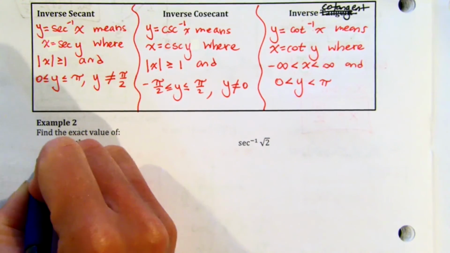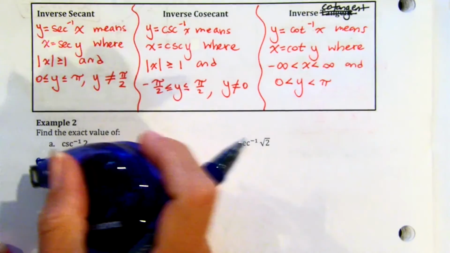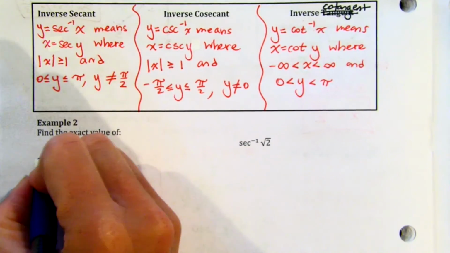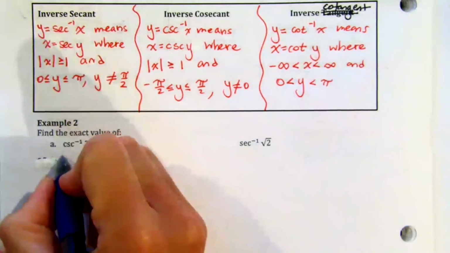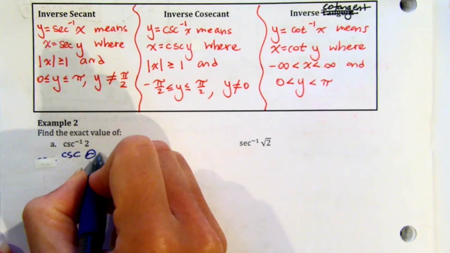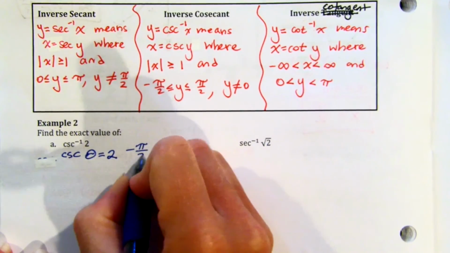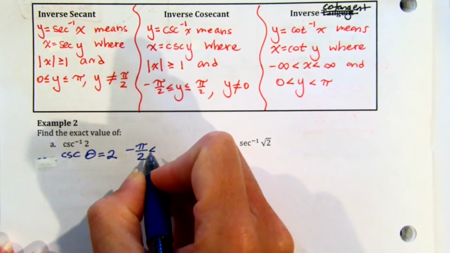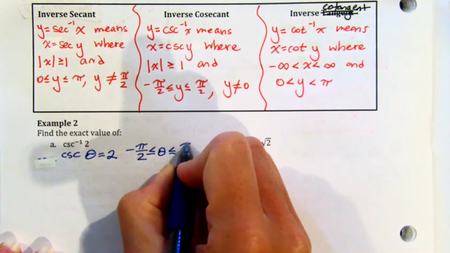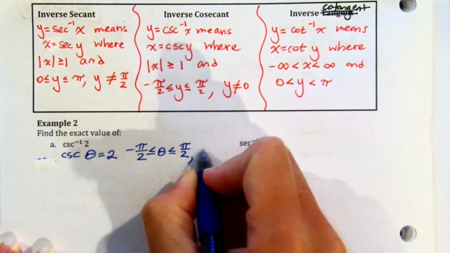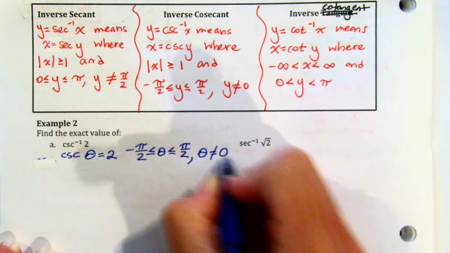So, first off, we want the cosecant of theta to be equal to 2, on this interval from -pi over 2 to +pi over 2, and theta cannot be equal to 0.